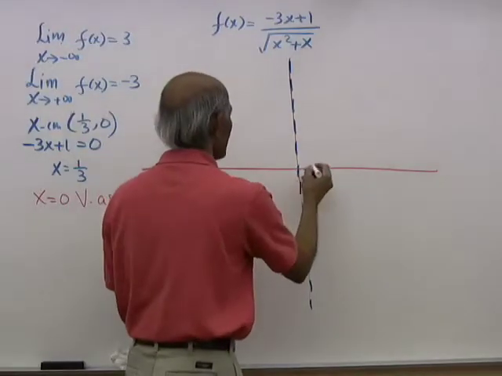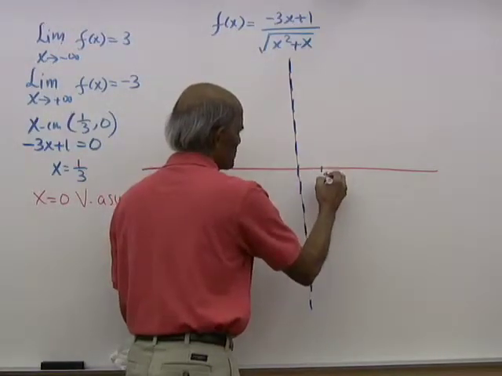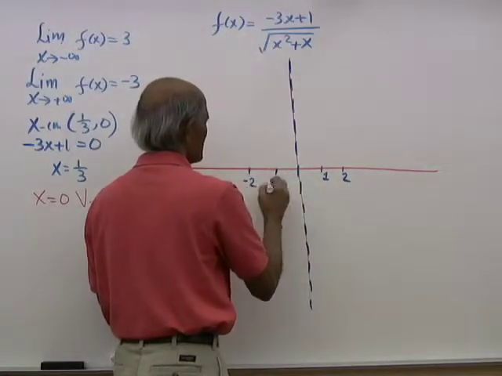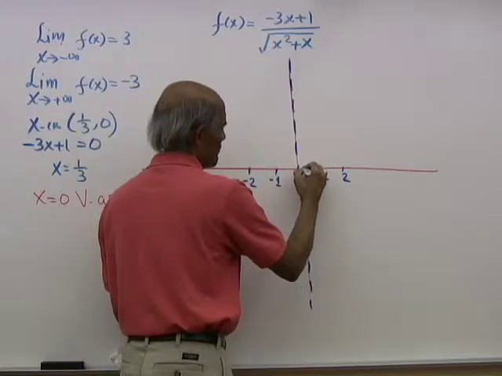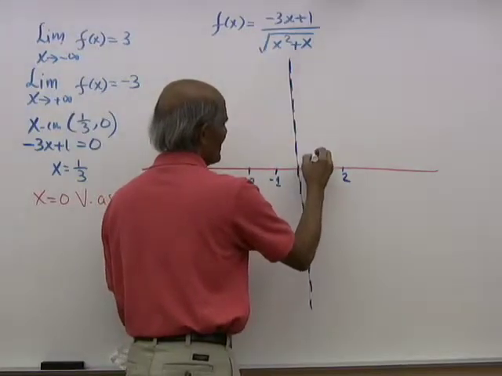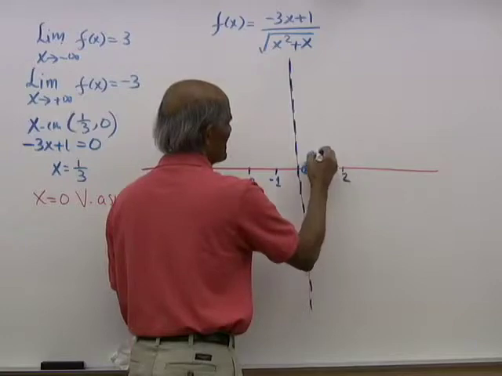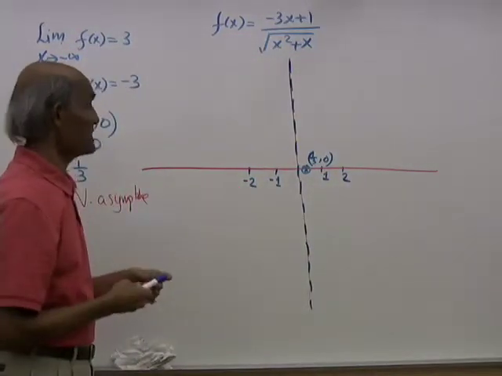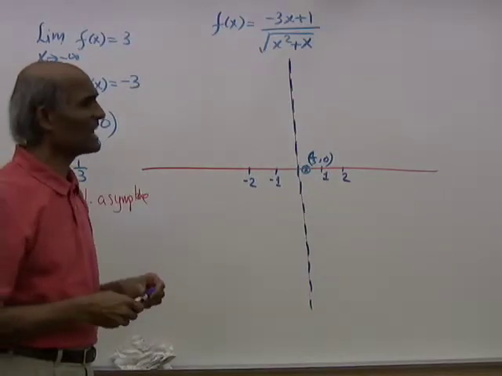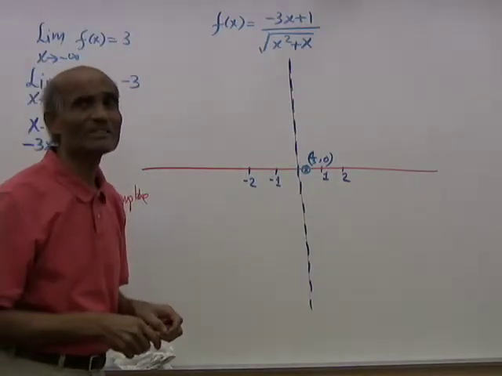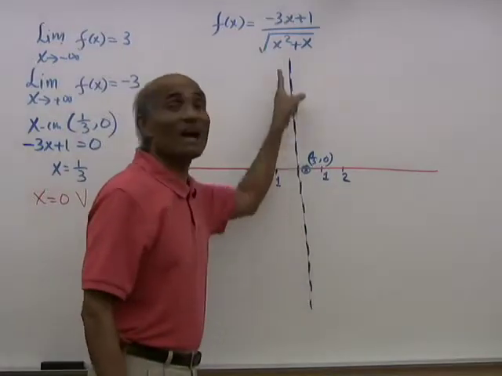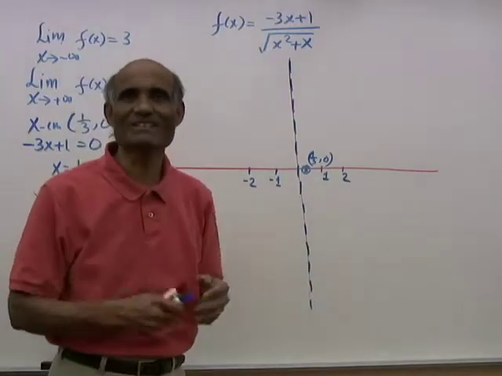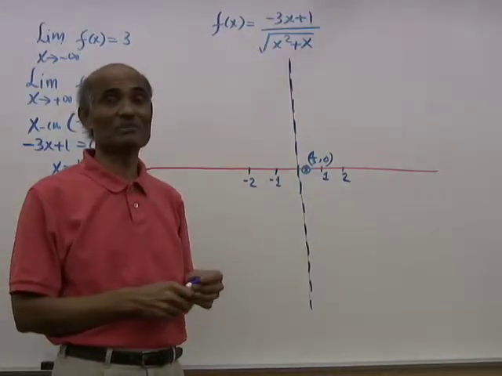And x equal to 1/3, if this is x equal to 1, 2, that will be negative 1, negative 2. The graph will cut somewhere here. That is 1/3, 0. Is there a y-intercept? Does the graph cut the y-axis somewhere? Well, y-axis is a vertical asymptote. That means the graph cannot cut it. There are no y-intercepts.